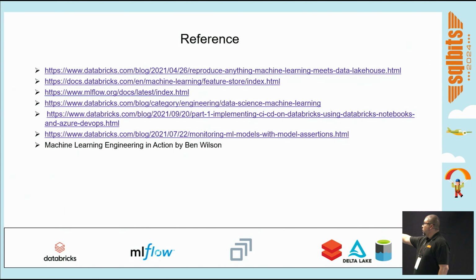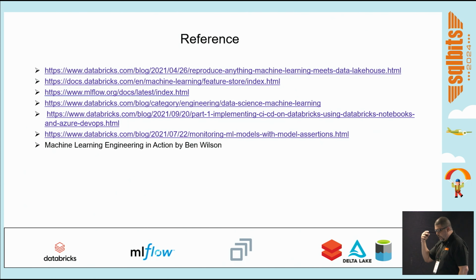So here's the reference that I've been talking about during the session. This is on the deck. There is a lot of good material here, a lot of good blogs from Databricks that have the actual code and the steps for you to implement. This one here is really good about CI/CD pipelines.